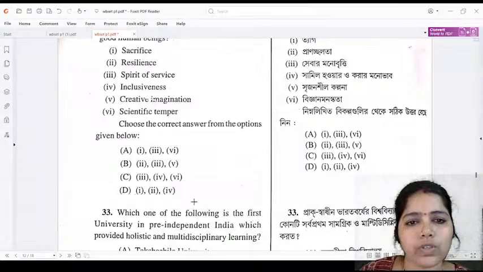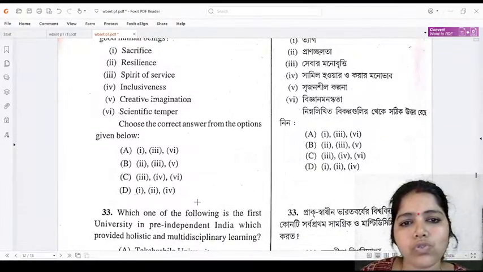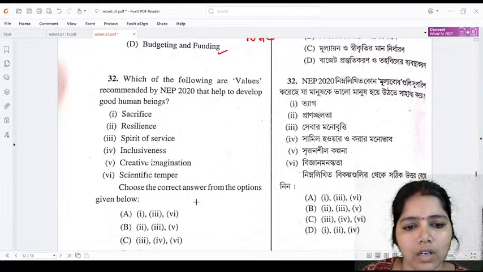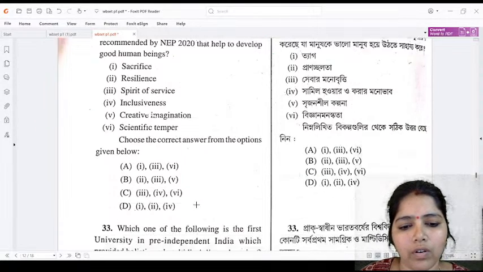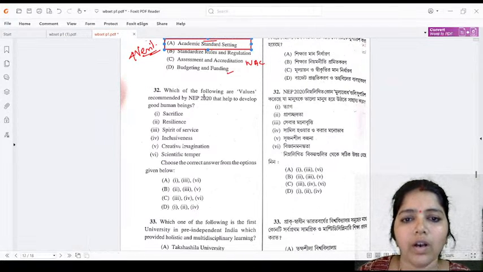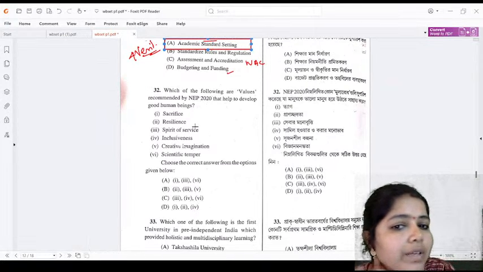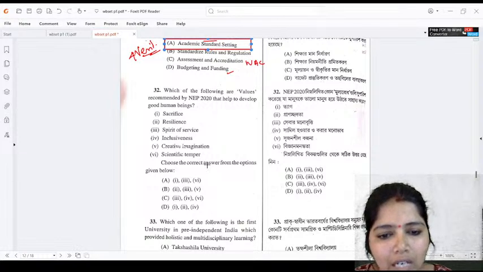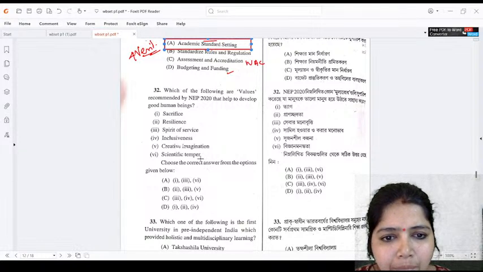Next question. Which of the following are the values recommended by NEP that help to develop good human beings? So for good human beings, they need to have a scientific temper.